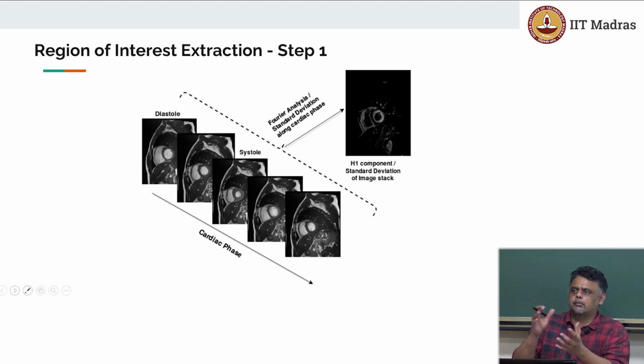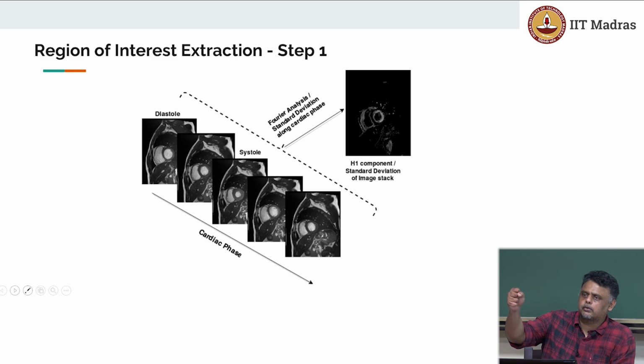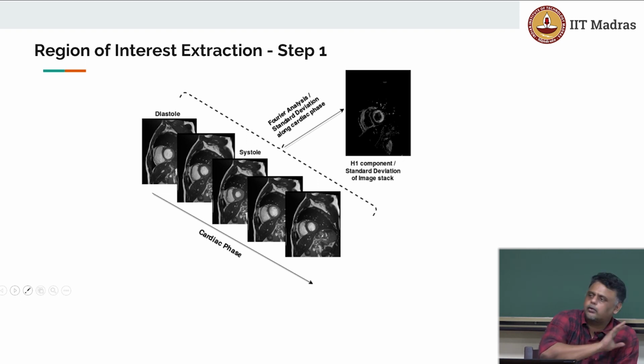The chambers are bigger, especially the left ventricular chamber, and when it pumps the blood out, it becomes smaller. That entire action typically happens in a second, from filled to pumped out. In a diagnostic setting, people would want to image that. So that's what we are looking at.